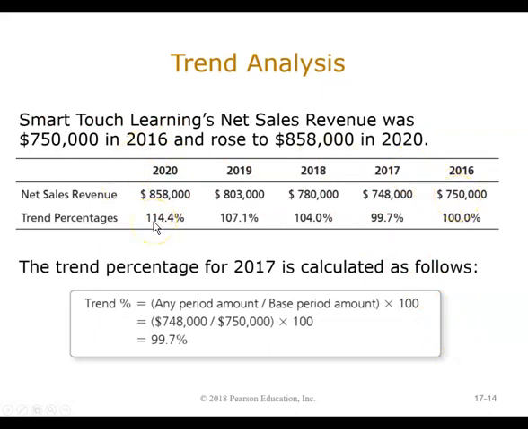That's 114.4%. 2019, 803, divided by 750, 107.1%. And so the base year will always be at 100% because it's just itself divided by itself. So this is how you would do a trend analysis to see what had happened over more than just 1 year. From 2016 all the way up to 2020, we can see what percent of our original sales we've grown.